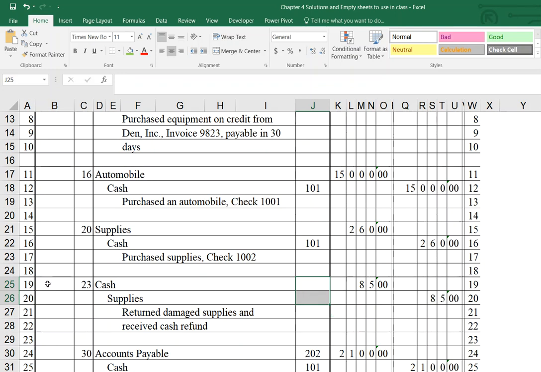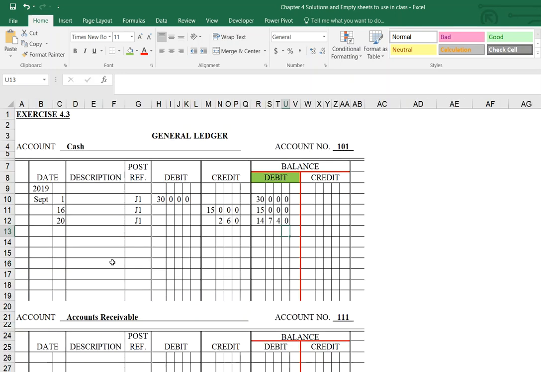we have, this was when we had returned supplies and the company that we bought it for gave us cash back. So we debit our cash for $85. So that was on the 23rd. Still on journal page 1.